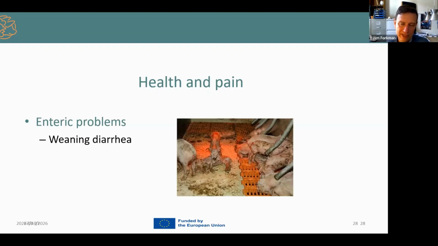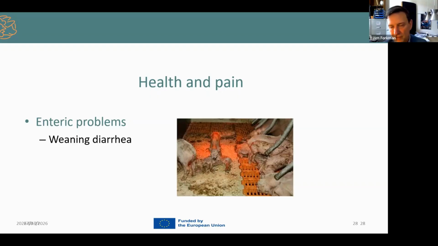One major disease in pigs is diarrhea, enteric problems. And this most often occurs around weaning. So weaning diarrhea is a phenomenon by itself.